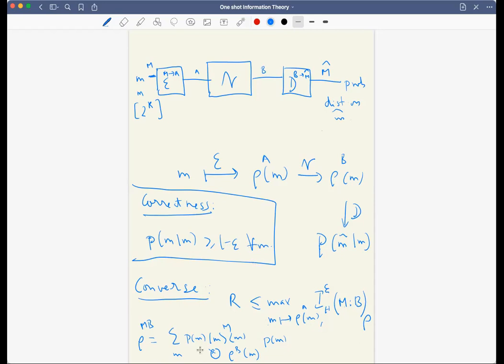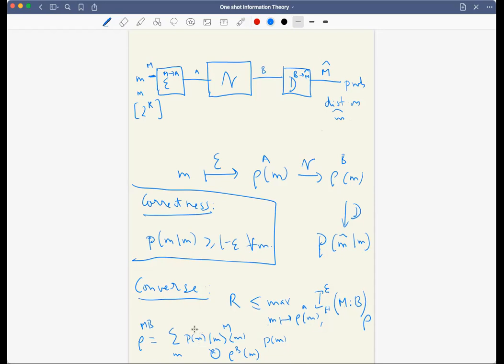In the converse, yes, I'm putting an arbitrary probability distribution. It's basically to match the achievability. If you look at the achievability, you'll also see an arbitrary probability distribution. But you're right, in the course of the proof of the converse, we'll see.